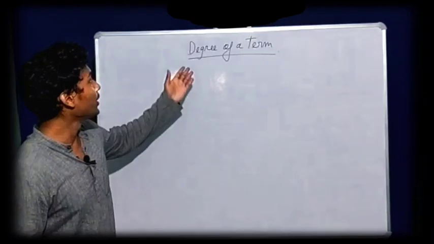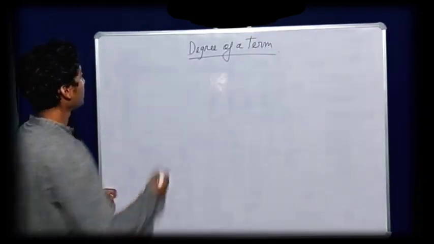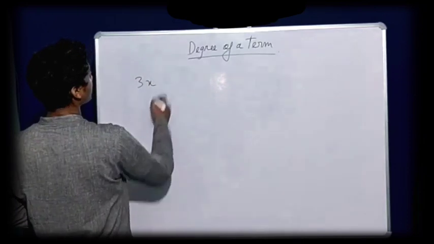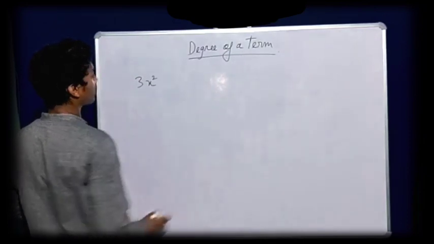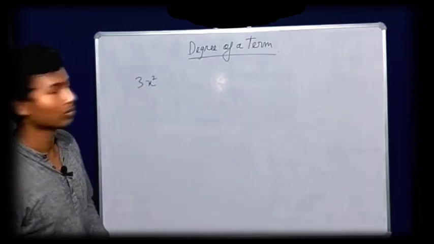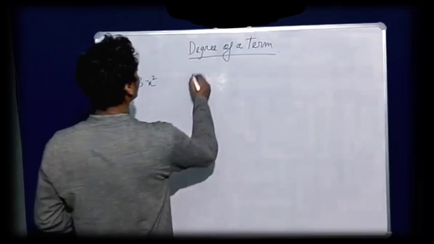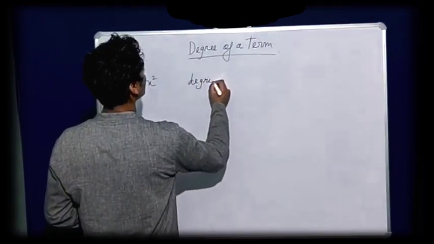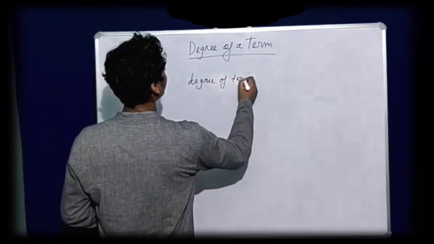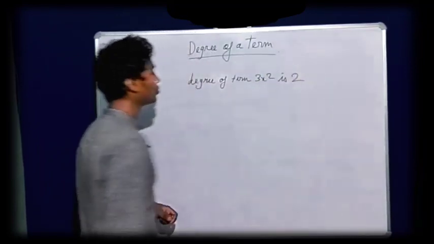Now, degree of a term. What is the degree of a term? Let's say 3x square. If I ask you what is the degree of this term, you will say 2. So degree of term 3x square is 2.